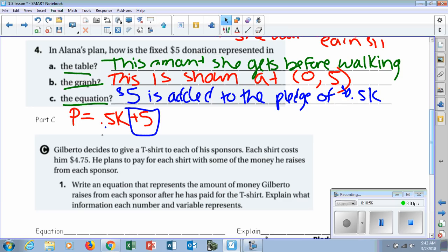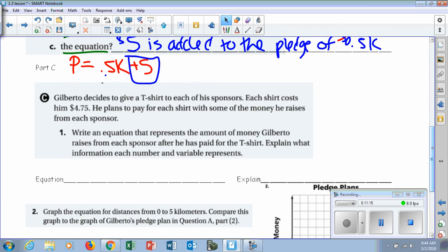So now we want to create a new equation for the t-shirts because he told us that each shirt costs $4.75 and he plans to pay for each shirt with some of the money he raised from each sponsor. So let's start by stating Gilberto's equation that we already created, Lily. P equals 2K. Okay, perfect. P equals 2K is his original equation.